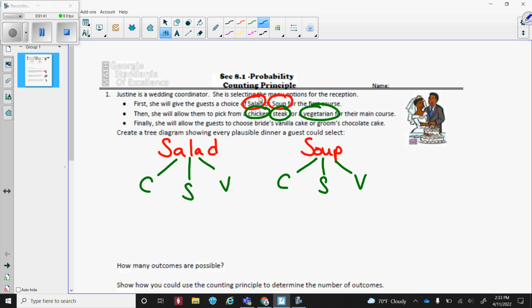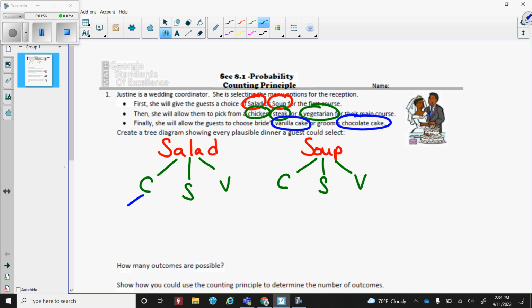For the last one, we have vanilla cake or chocolate cake as the bride's or the groom's. So it doesn't matter what you chose before. Salad with chicken can choose vanilla. Salad with chicken can also choose chocolate.